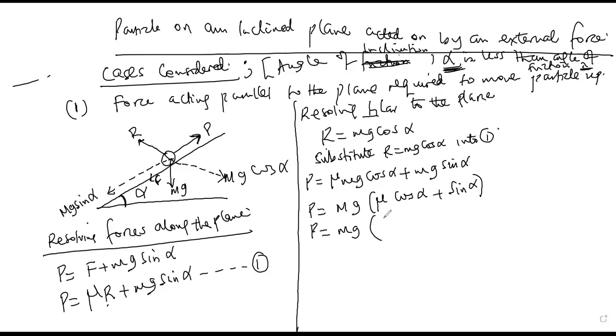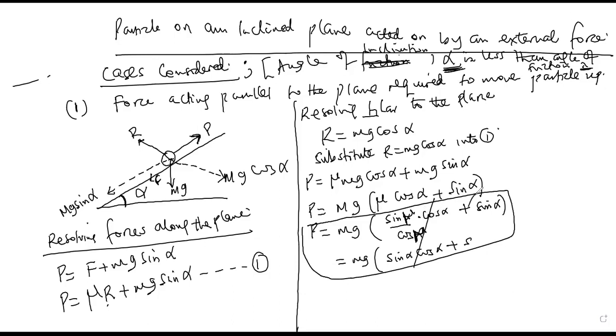So it is sine lambda over cos lambda times cos alpha, then plus sine alpha. Let us get this step from here.